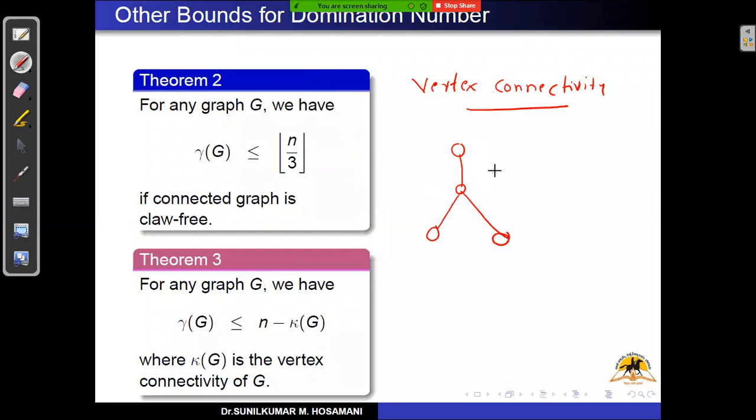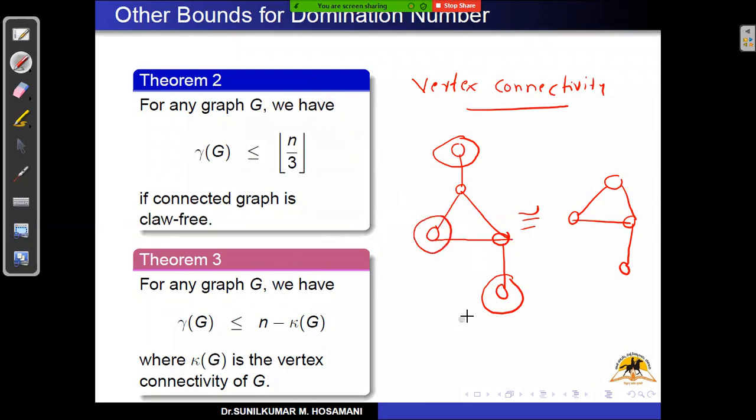Okay, so here consider this graph. If I remove this vertex, then the graph will be still connected. Suppose again if I remove this vertex, again the graph will be connected. In the same way, suppose if I remove this vertex, then also the graph will be connected because I will get a P4 here. Okay, so next thing, suppose if I remove this vertex, then my graph will be like this.